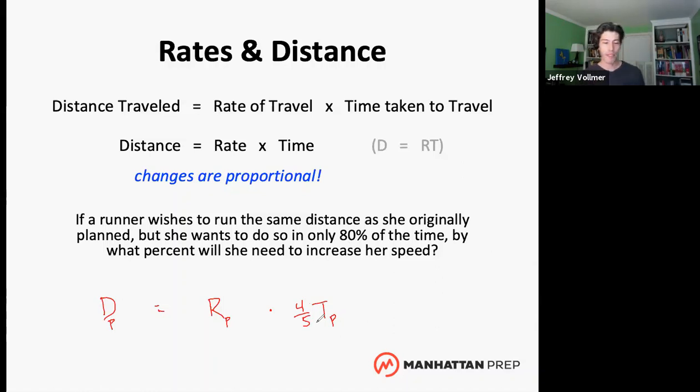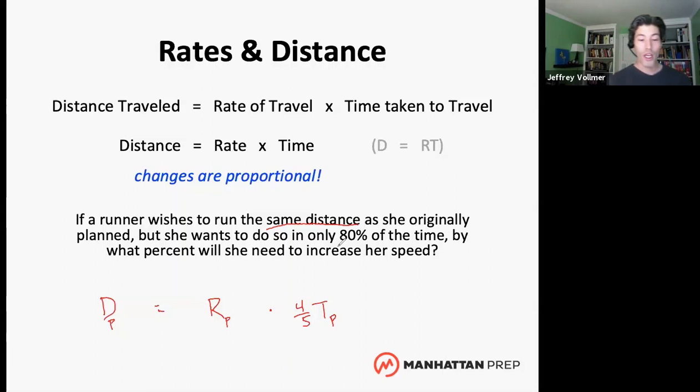Take a look at what's happened now. I've gone from the original equation, distance equals rate times time, and I've changed the right side. I've multiplied it by 4/5. Now remember, we're going to run the same distance as planned, so you can't change the left side. You've changed the right side here, which means you've got to change the right side in such a way that it counters this change.